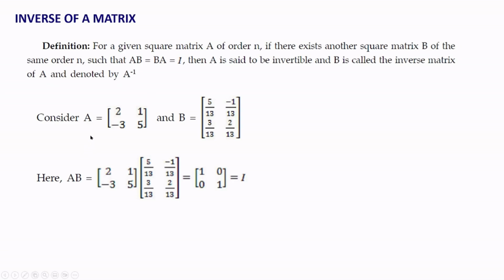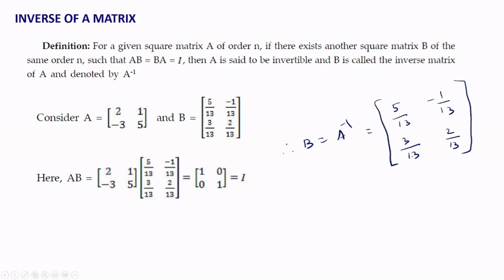If we consider A as the matrix 2, 1, minus 3, 5, and B as the matrix 5 by 13, minus 1 by 13, 3 by 13 and 2 by 13, then A into B gives the identity matrix. So this B is the inverse of A. Therefore, A inverse equals 5 by 13, minus 1 by 13, 3 by 13 and 2 by 13.